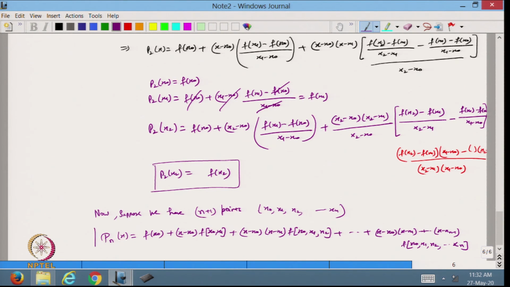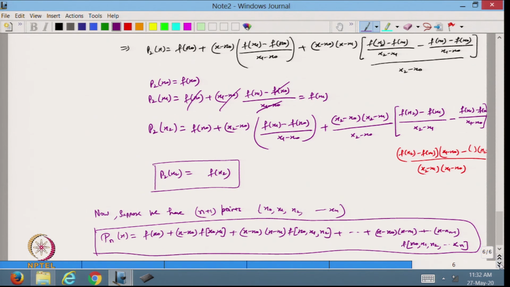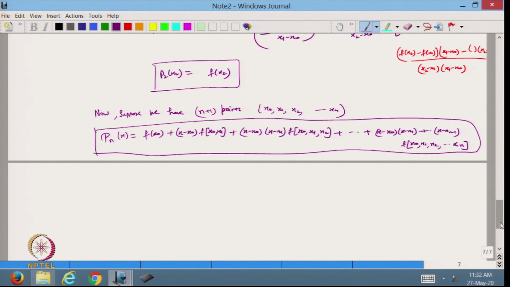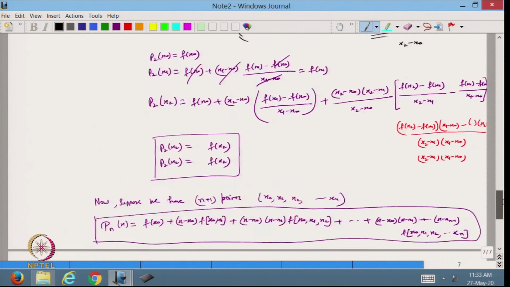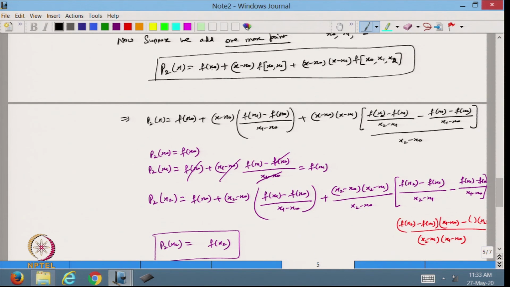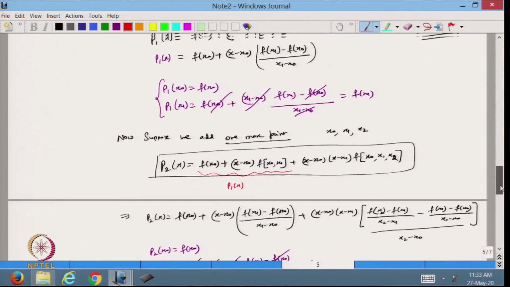and this is the nth divided difference. So, that is the nth degree interpolating polynomial using the divided difference formula. So, from here also we can say that my p n x can be written as p n minus 1 x, like we have seen here that in the p2x up to this it was p1x, and I have added this term, right.